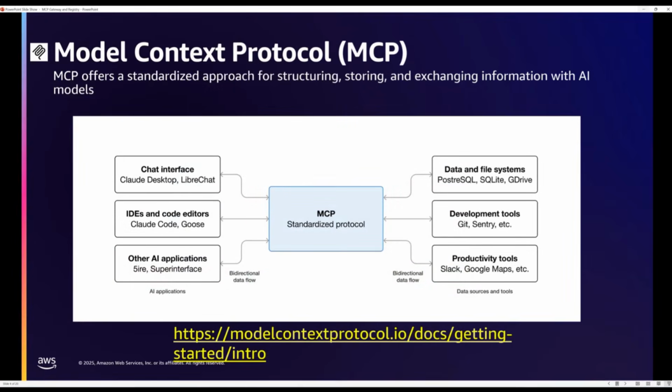Now, this particular diagram comes straight from the Anthropic website about the Model Context Protocol, and it puts it into a slightly different perspective. What it says is, everybody is interested in the data that sits in enterprise systems, be it databases, development tools, and productivity tools. And this sort of multimodal connection needs to be facilitated by some standardized protocol, and that is the MCP protocol.